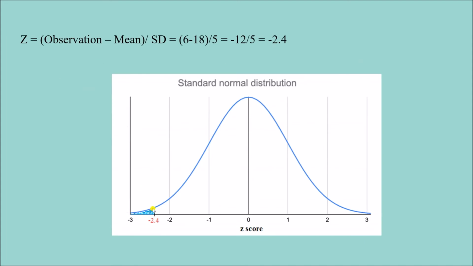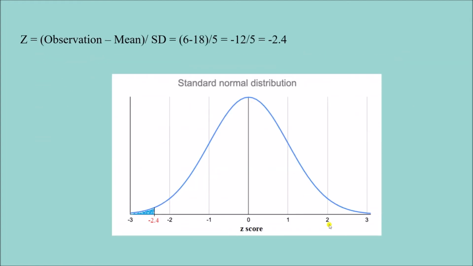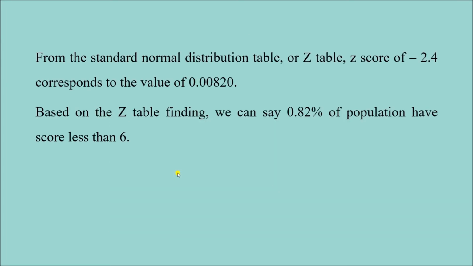So this area is actually less than 1%. It is 0.82% of the total area of the curve, and this area represents the people who had score less than 6, because the z score for 6 is minus 2.4. This is the demarcation line for z minus 2.4. Now you can ask, how did I get this value?